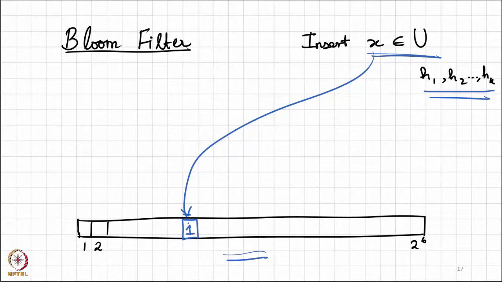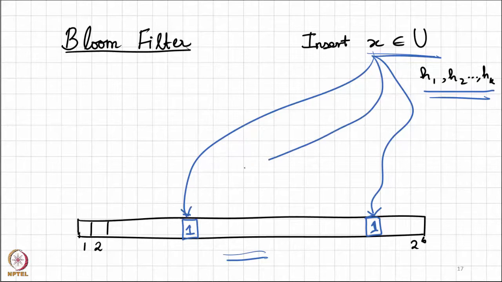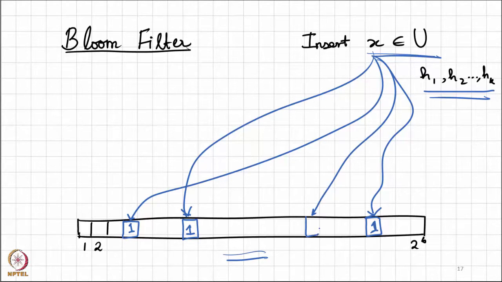Let's say h2 of x leads us to this location. We would place a 1 in that location as well. And let's say h3 of x hashes into that location. We would place a 1 there as well. We continue to do that, and let's say the kth hash leads us here. We will place a 1 there.